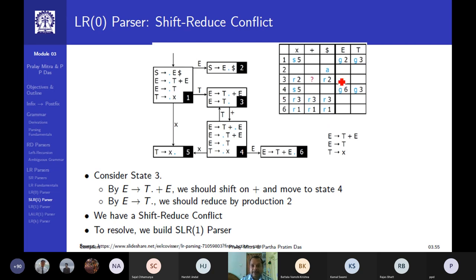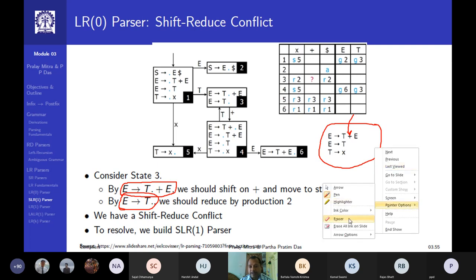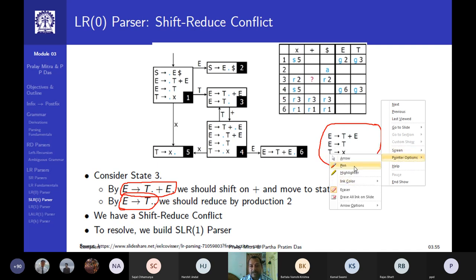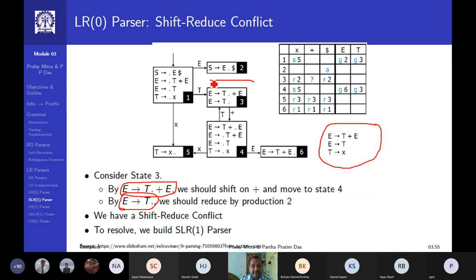So this is another grammar where these three production rules are there. Now you consider two items: E derives T dot plus E, and another E derives T dot. For the first production rule, the dot is just before the addition, and in the second production rule, the dot is just after T. Now you see, in both cases I am at state 3.